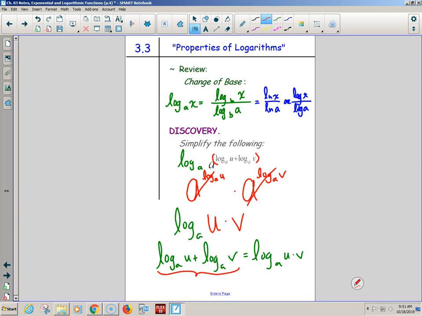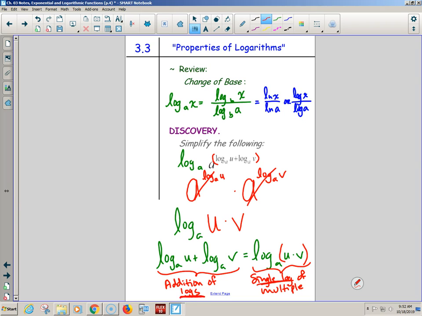Okay, calm. I have addition of logs is a single log of multiplication. You're going to hear me say things like single log, getting into a condensed logarithm. We're condensing into a single logarithm, coming from a sum of separate logs.